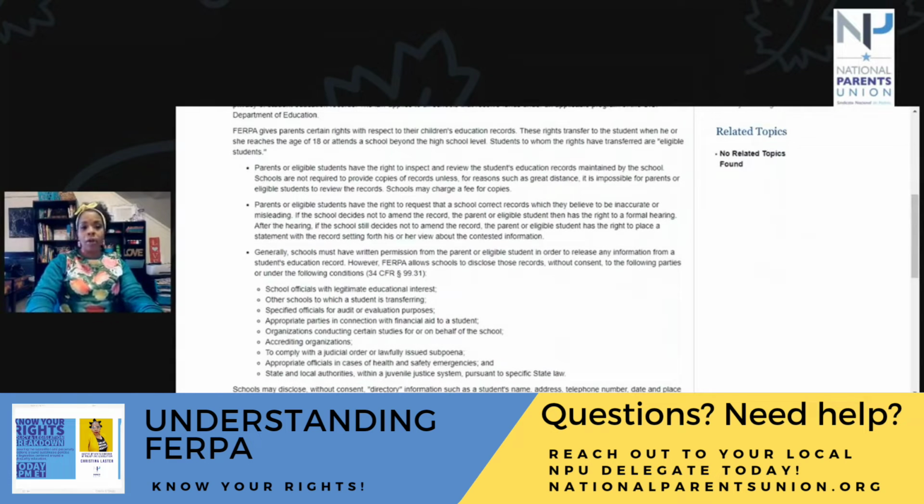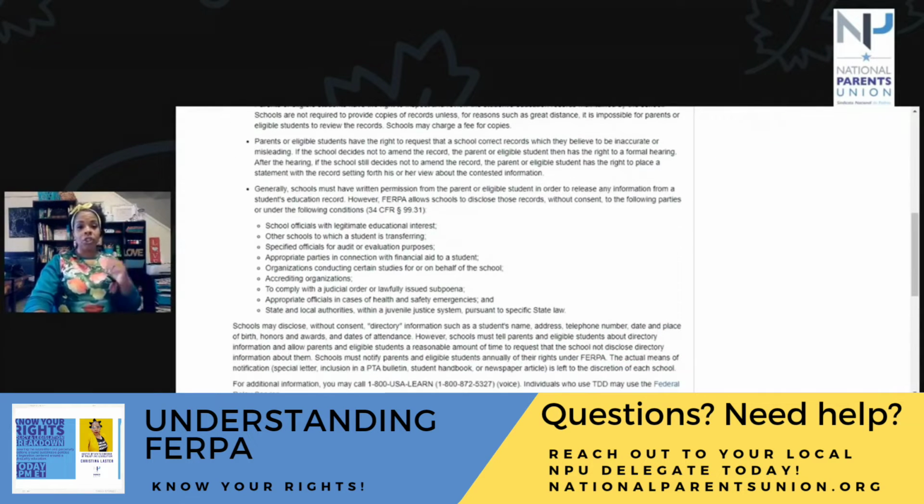We have right here, generally schools must have written permission from a parent or eligible student in order to release any information from the student's education record. However, pay attention to those exceptions. Always pay attention to those exceptions to the rules so that you are fully aware of your rights, their responsibility, and so that if anything happens, and I will tell you that it does, okay?